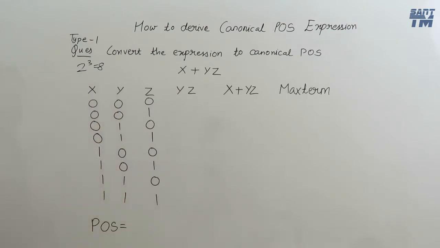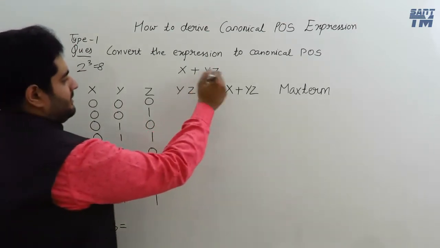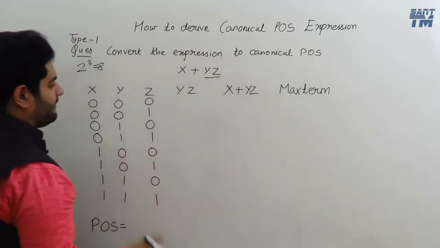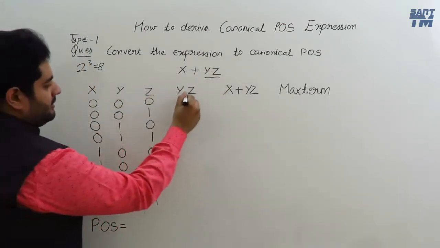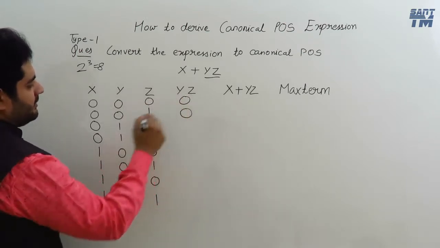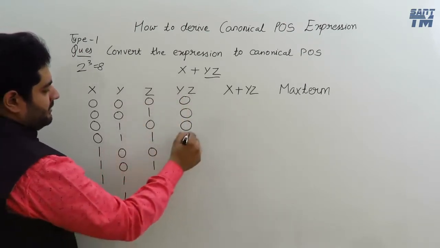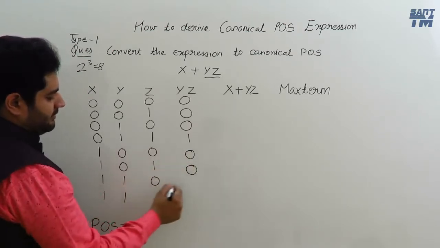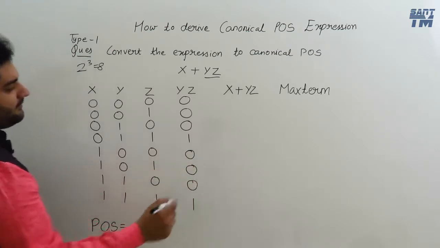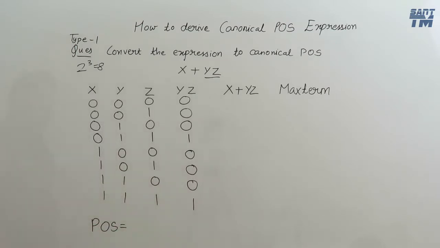So now to make this expression, first we will construct this truth table and we need yz. Here is y, here is z. Write the entries here. 0 into 0, 0. 0 into 1, 0. 1 into 0, 0. 1 into 1, 1. 0 into 0, 0. 0 into 1, 0. 1 into 0, 0. 1 into 1, 1. So the column yz is complete.